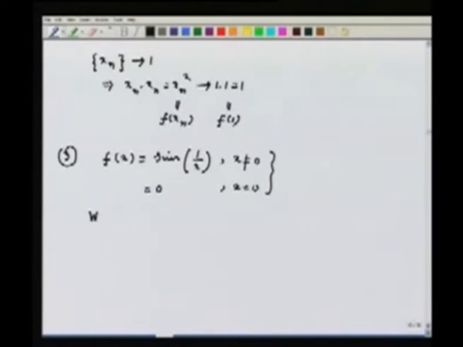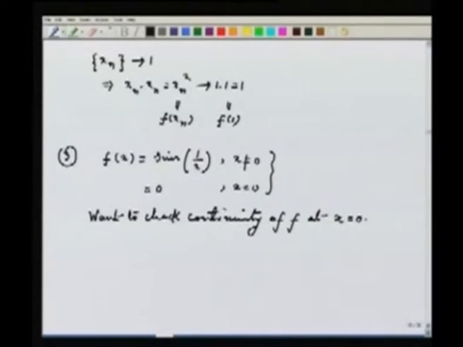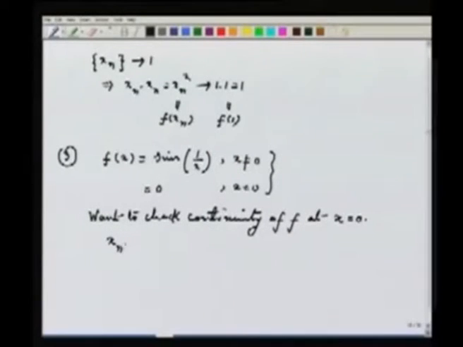So I want to check continuity of f at x = 0. What I do is, I have to choose sequences. So let me choose this sequence first: xn = 1/(n pi), n = 1, 2, and so on.